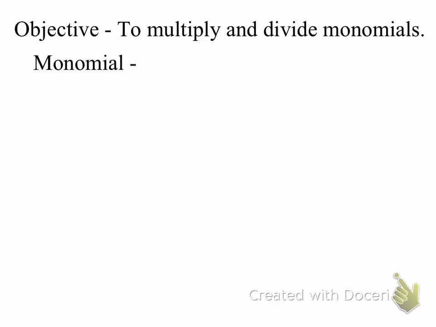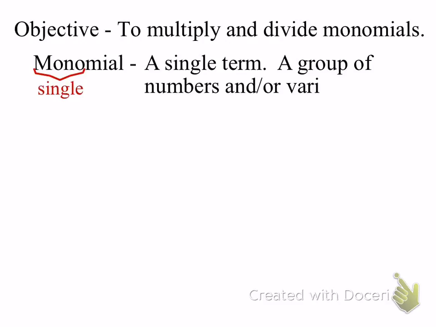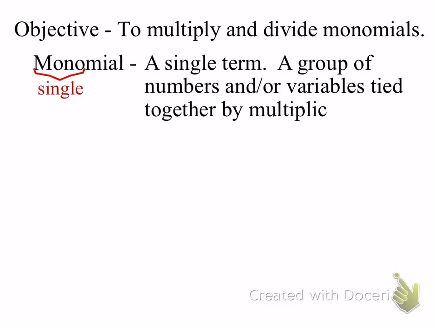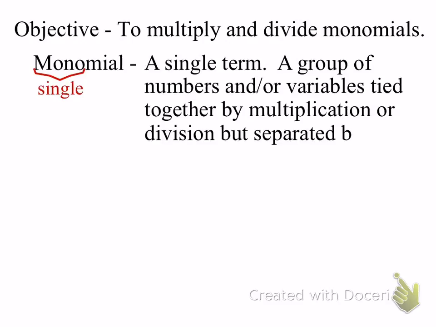Okay, go, Irene. So it's basically a term with one... it's one term. That's exactly what it is. And what is a term? A single term is a group of numbers and or variables, tied together by multiplication or division, but separated by addition or subtraction.